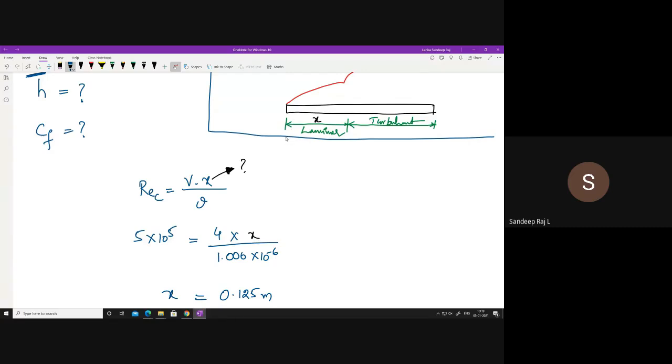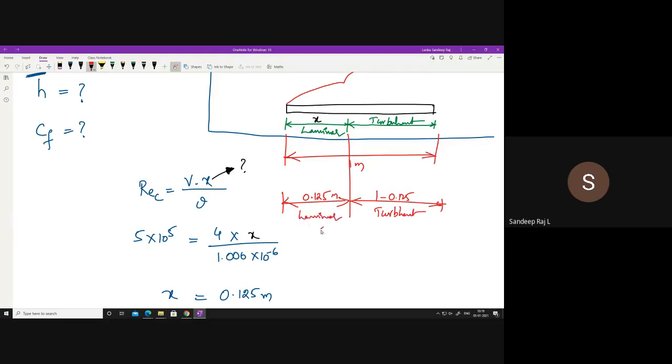This whole length is 1 meter as given in the question. The laminar length is 0.125 meter. The remaining length, that is 1 minus 0.125, is turbulent. That's the meaning of this laminar.